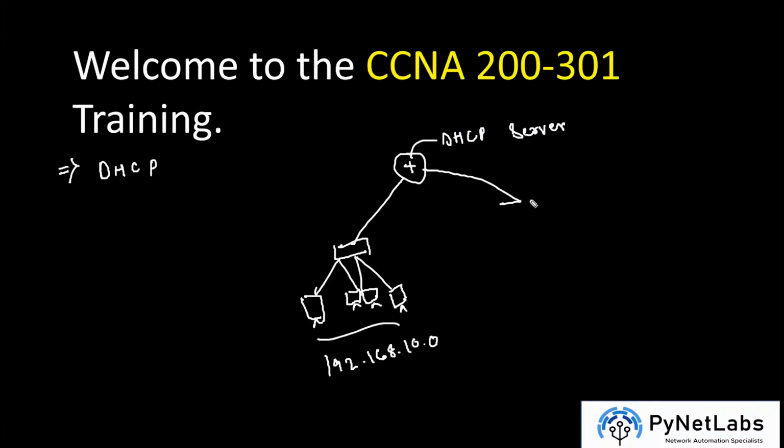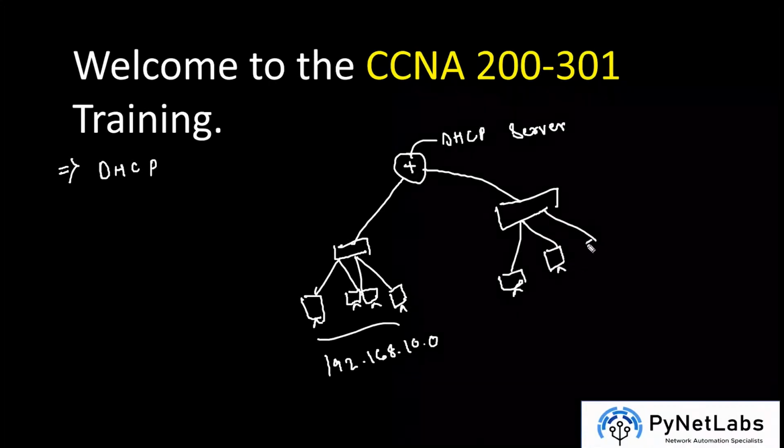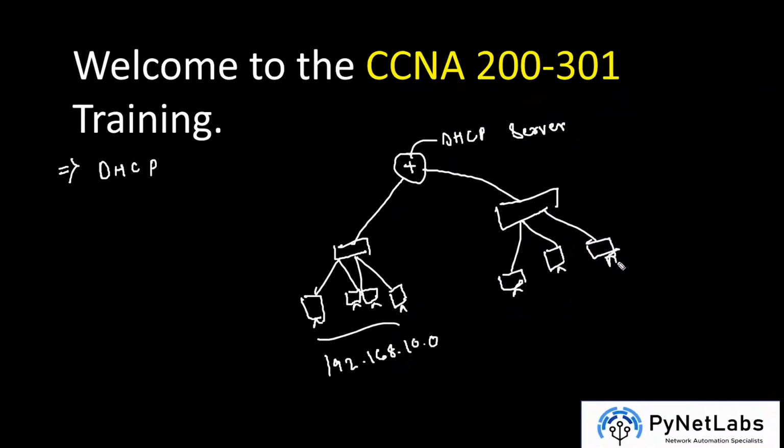And after that, there was another switch with which a few PCs were connected, and these PCs got IPs from the network 192.168.20.0. So when you try to ping these PCs from these routers, the communication will work, and these PCs will be able to communicate with each other.